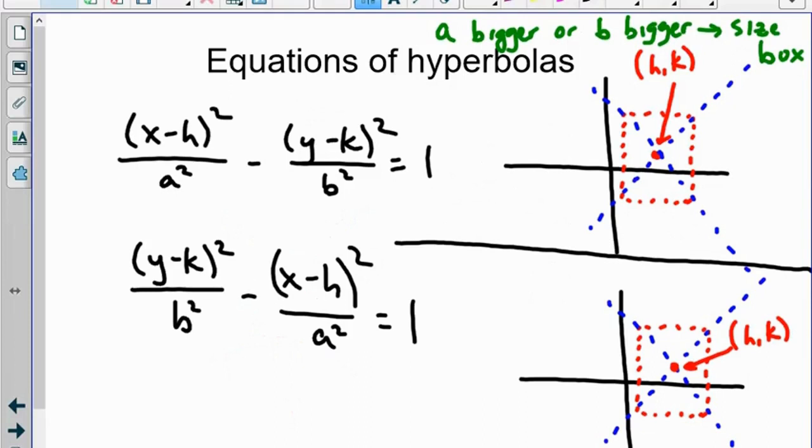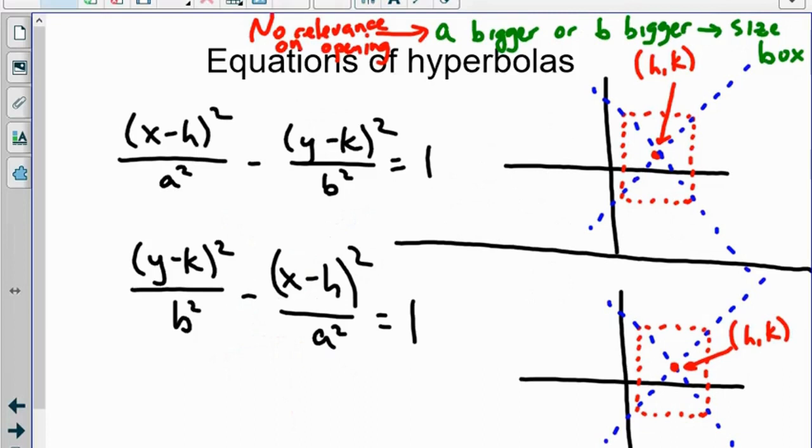If b is bigger, that means the box is longer in the y direction. This has no relevance on the direction of the opening. So if a is bigger or b is bigger, that has no relevance on where the hyperbola opens.